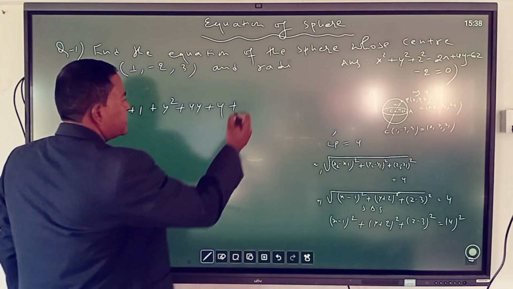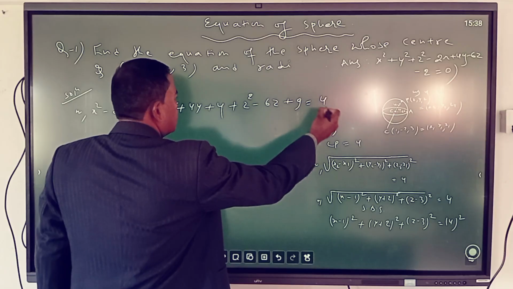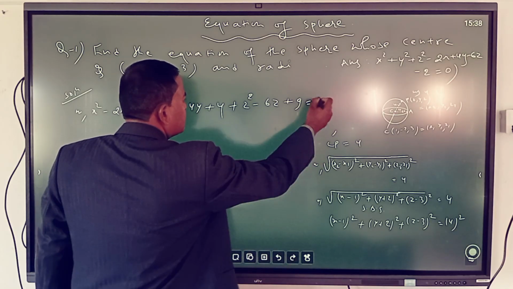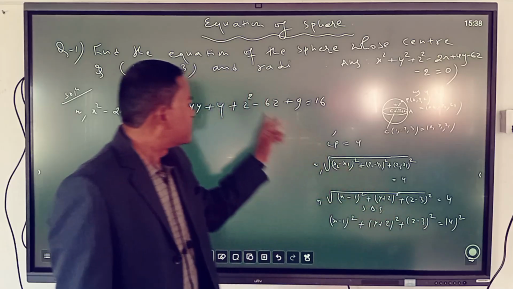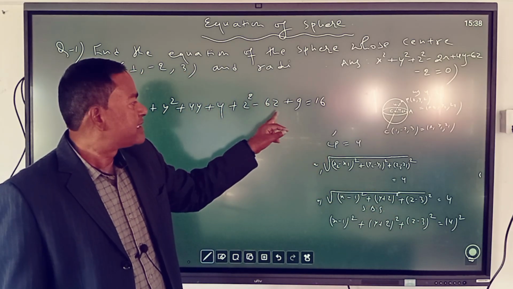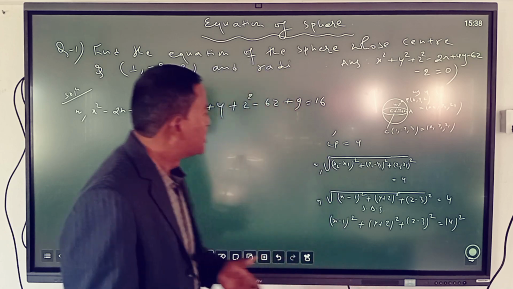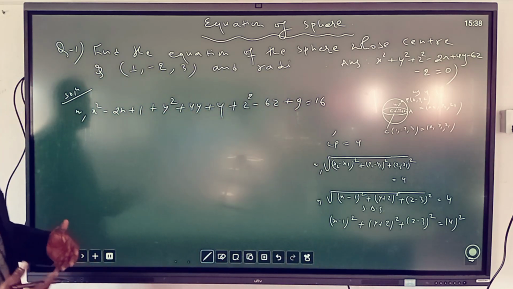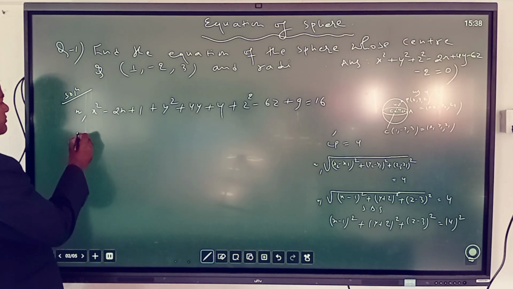So let's expand it. By expanding z minus 3 whole square, we have got z square minus 6z plus 9, and 4 whole square means 16. So we are almost at the end of this solution. So let's do simplification.